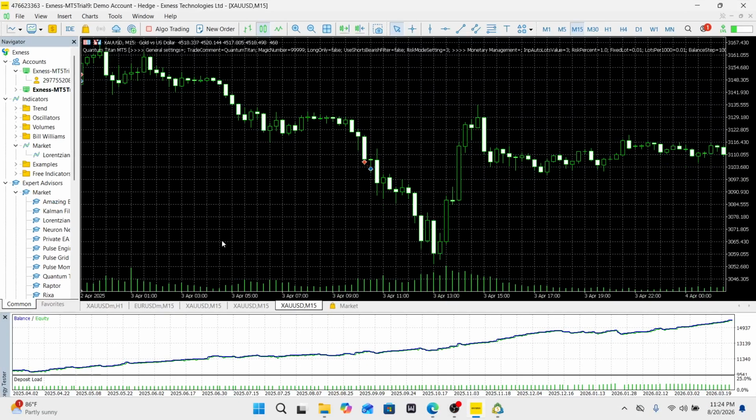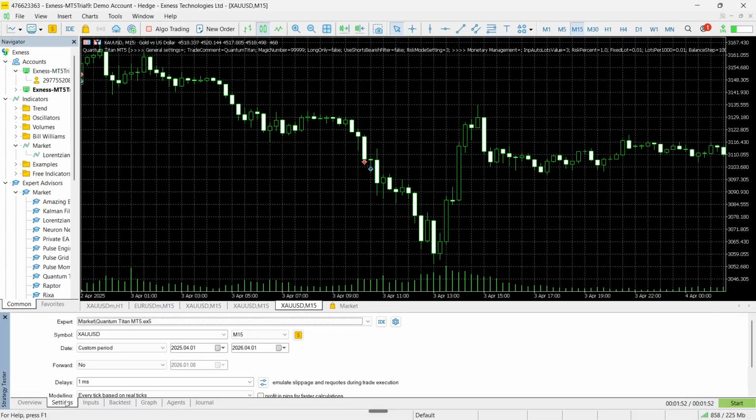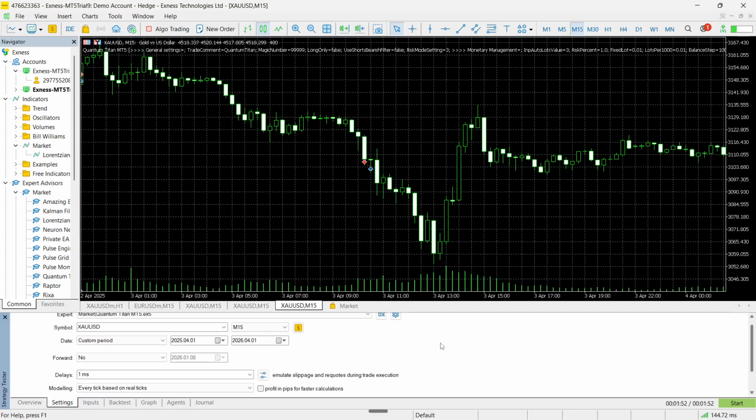I was opportune to test out the EA using the given parameters. As you can see, I already have it installed. I used XAUUSD on the M15 time frame for a custom period of 1 year, ranging from the 1st of April 2025 to the 1st of April 2026.